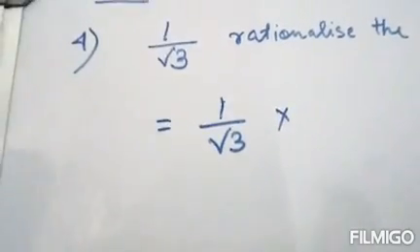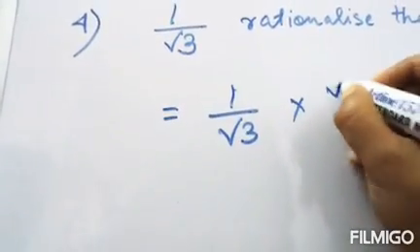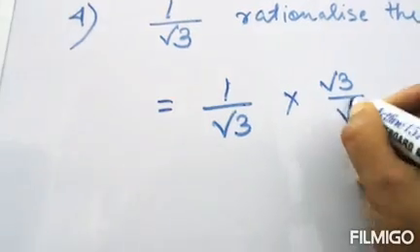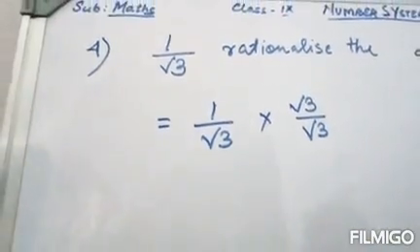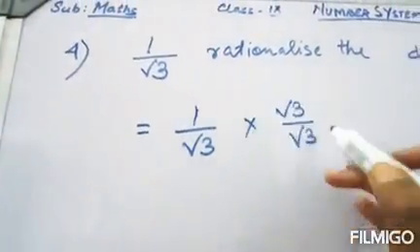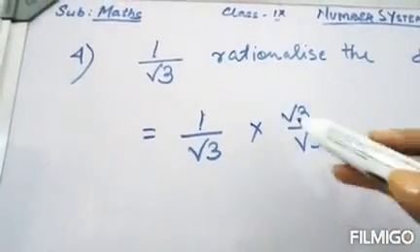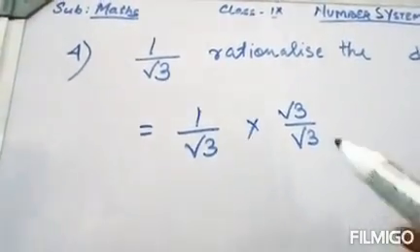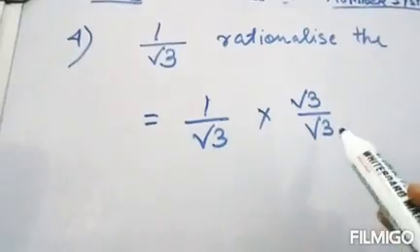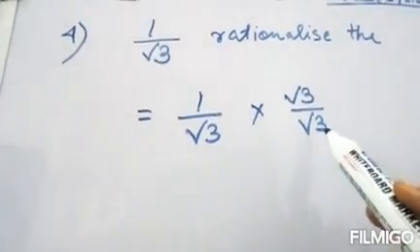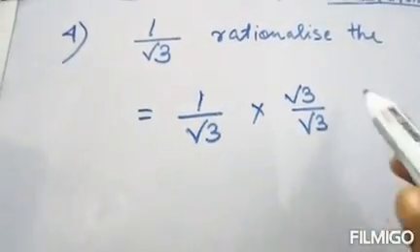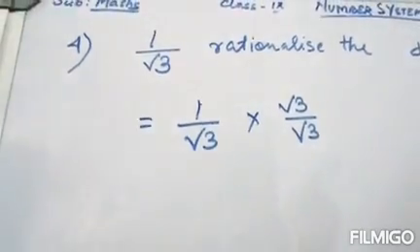So what will I do? I'll consider root 3 by root 3. Why this root 3 by root 3? I can't bring an extra thing over here. If I want to multiply root 3 in the denominator part, I need to multiply in the numerator part also.